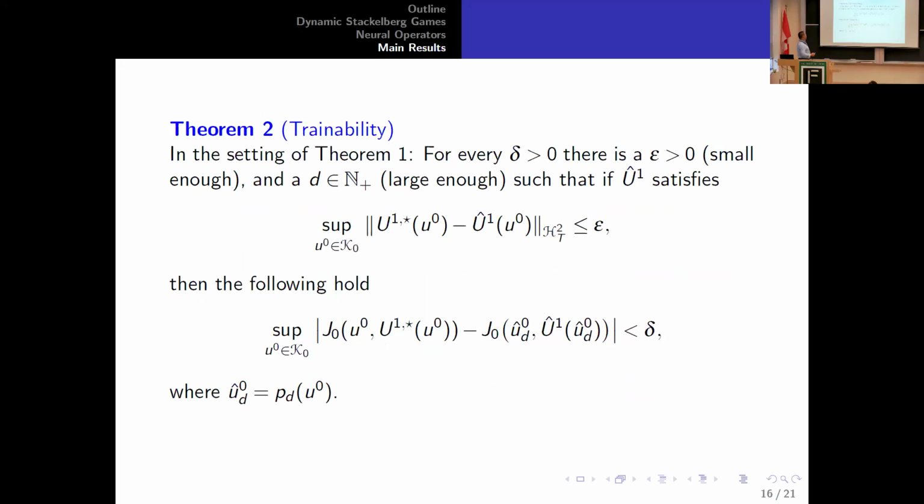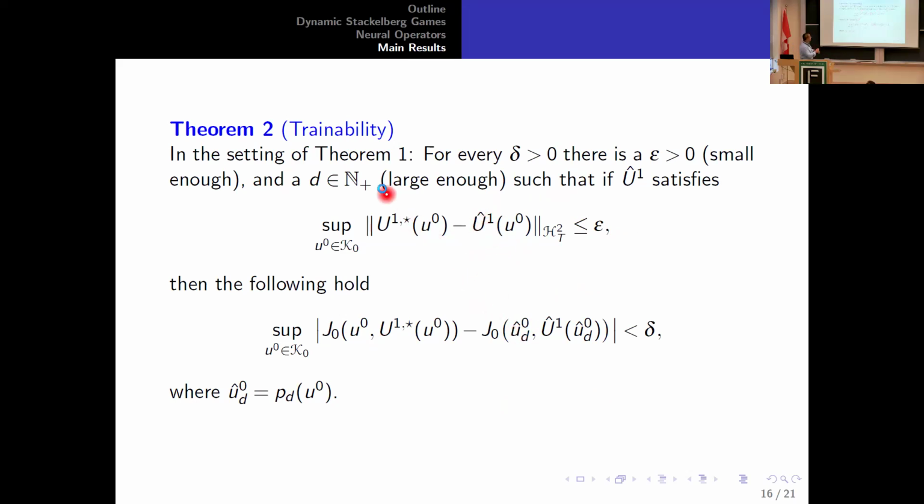Here is the theorem that supports the trainability of the neural operator. It says if hat U1 satisfies this, then this holds. This actually gives the necessary condition for the optimality of the hat U1.